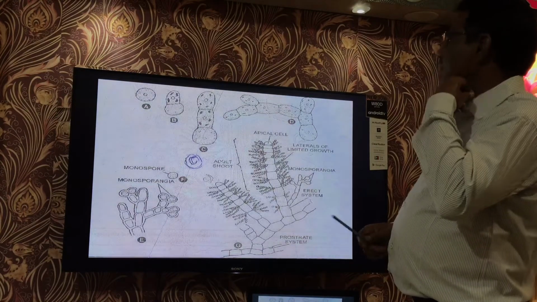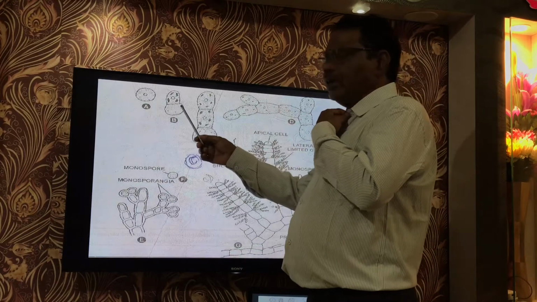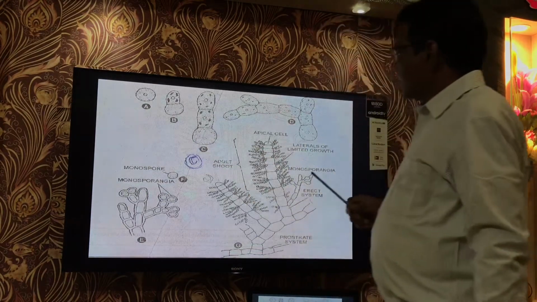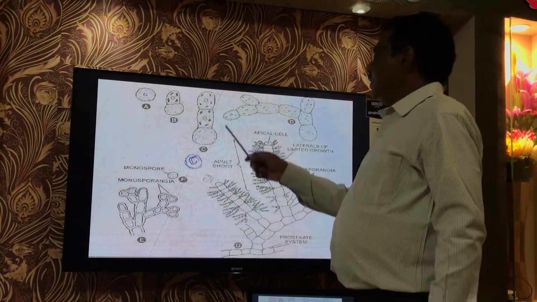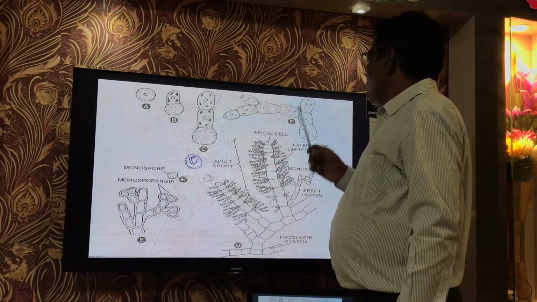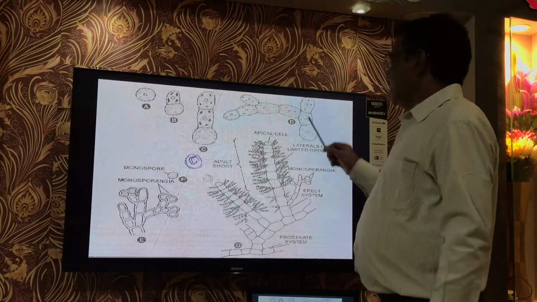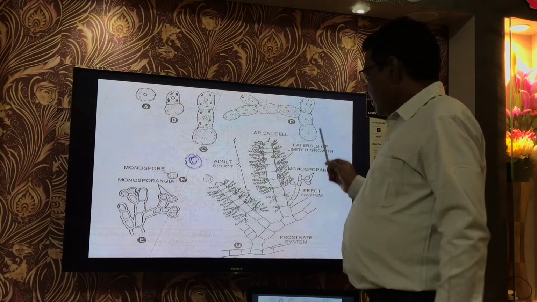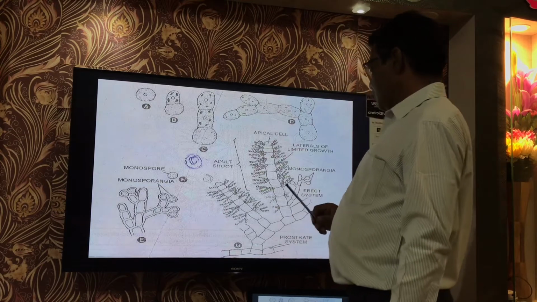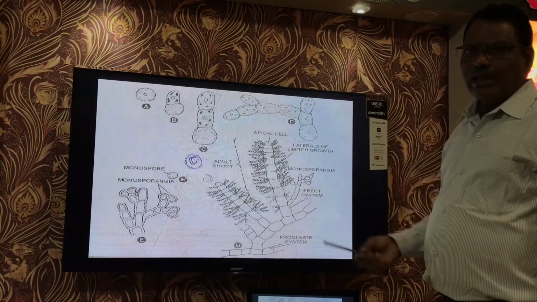Now here, these are the carpospores, and when these carpospores fall on a suitable substratum during favorable conditions, they germinate to produce such a small heterotrichous filamentous structure. Now this heterotrichous filamentous structure apparently looks like another alga.